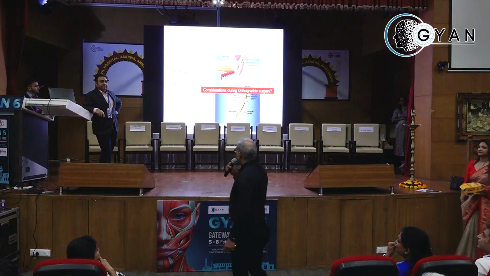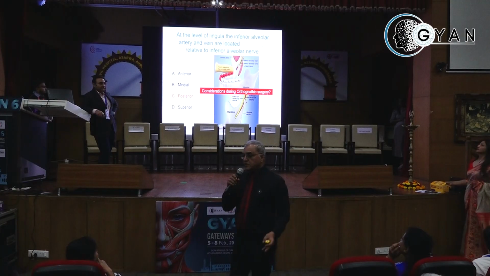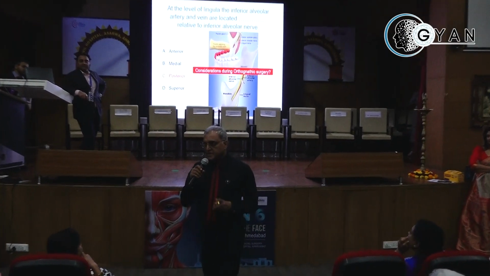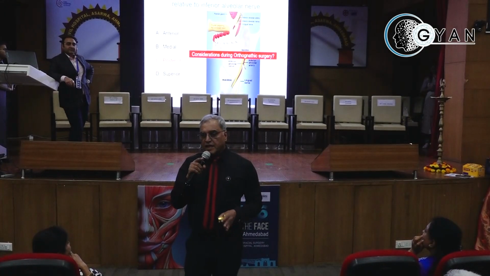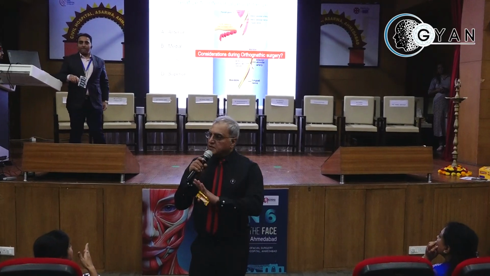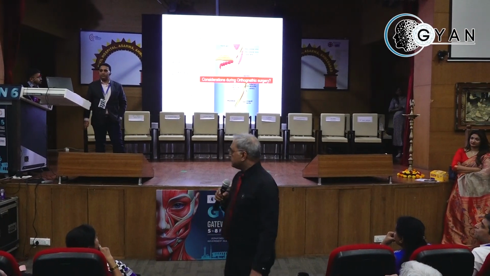You need to try and locate the lingula, a triangular shaped structure, and make the cut just above the lingula. You are very safe. There is no chance of damaging the nerve, because the relationship of the lingula will determine whether your cut is going to cause any damage to the nerve.